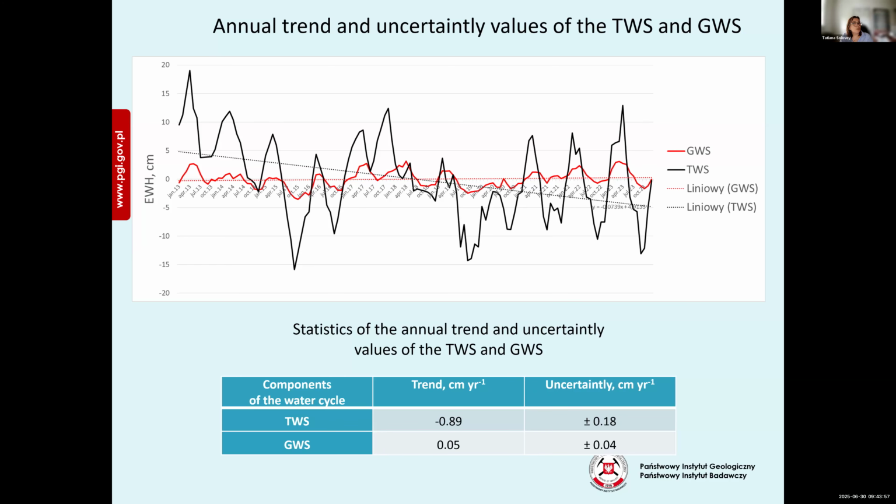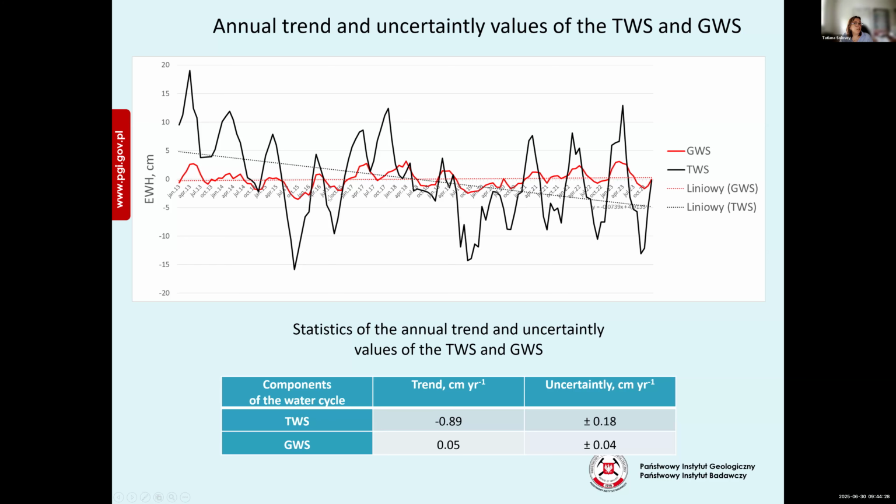Total water storage showed a declining trend and high seasonal amplitudes, while groundwater storage exhibited a near zero trend, low amplitude, and a seasonal pattern shifted by 1 to 2 months.